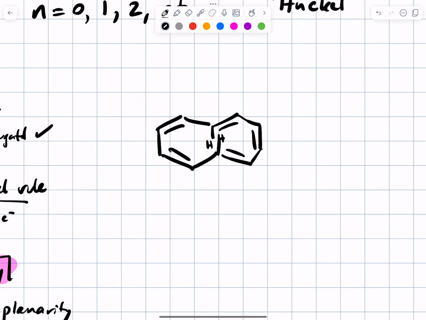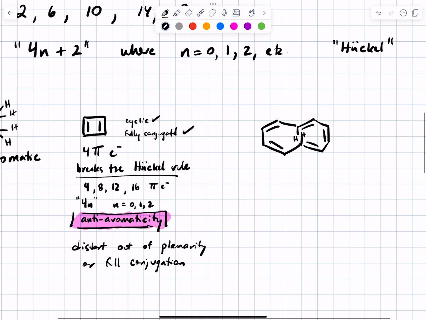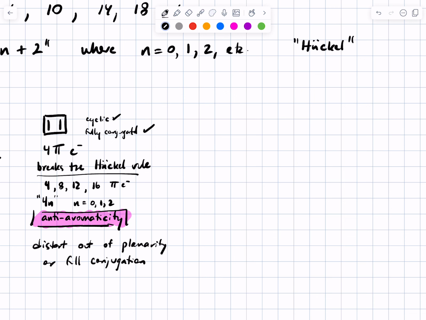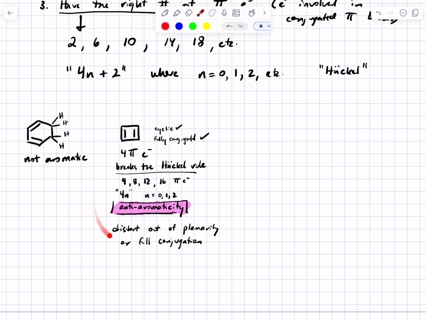Now, frequently, as I said, molecules that are anti-aromatic will try to tip themselves out of planarity in order to avoid anti-aromaticity. In such cases, it is sufficient for you to realize that the molecule would be anti-aromatic.